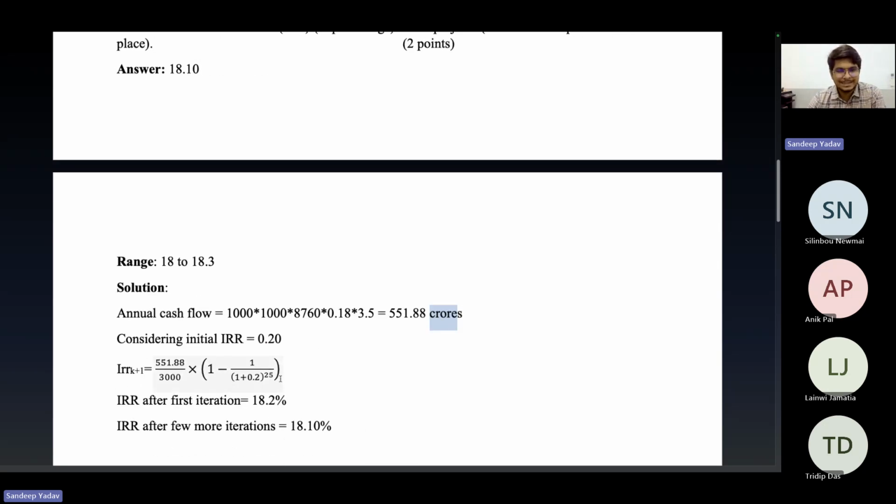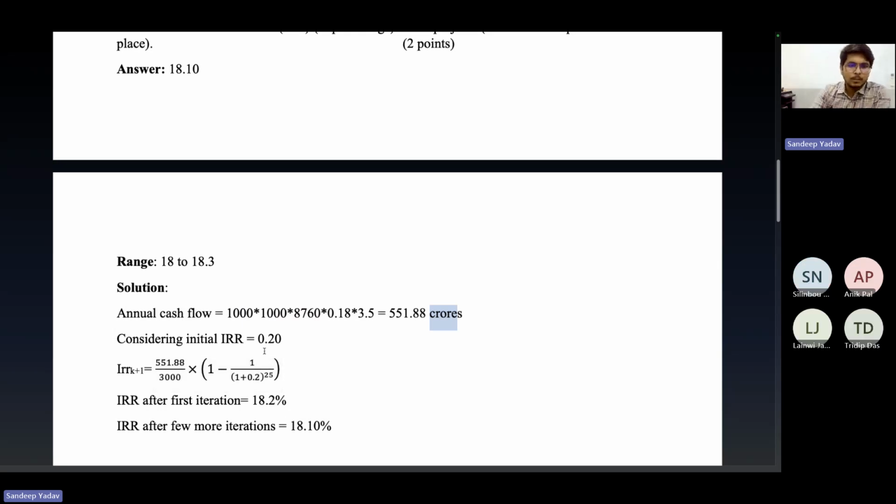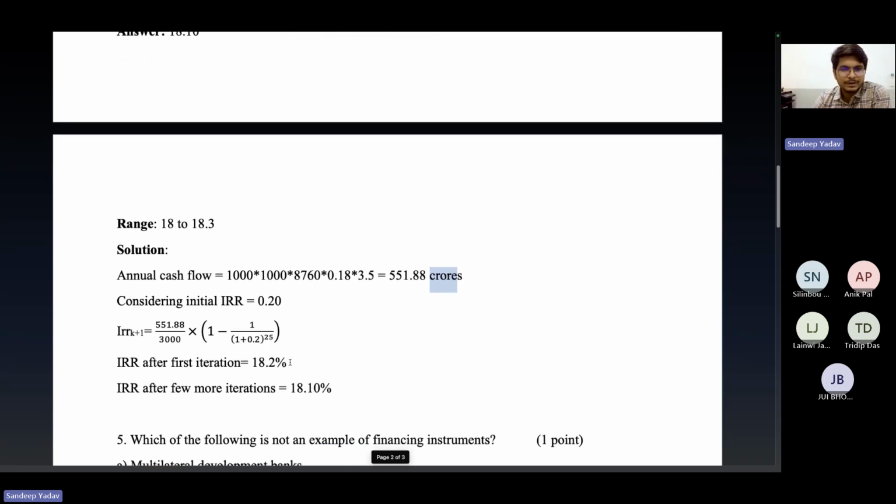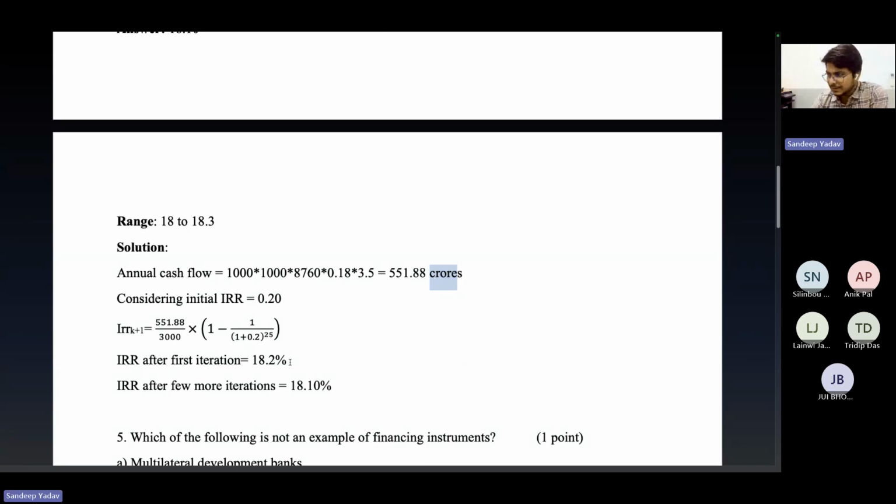When we solve this equation after the first iteration with IRR equal to 0.20, it comes out to be 18.2, and after a few more iterations it comes out to be 18.10 percent. That's how we calculate the IRR from the iterations. I hope this is clear.